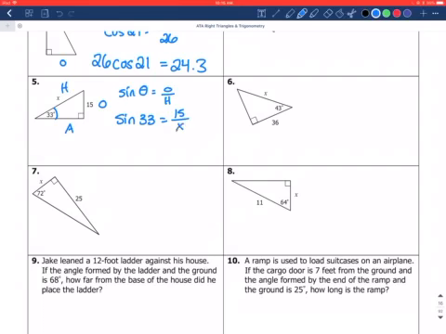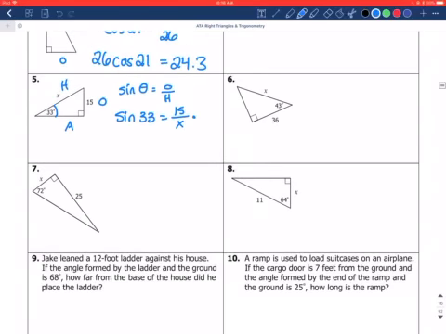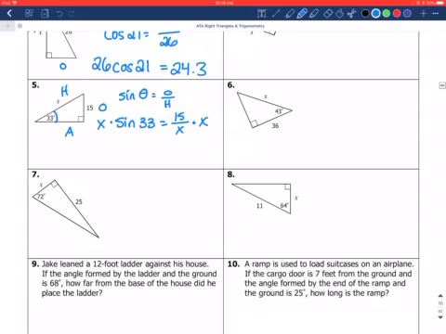Now, here the x is on the denominator. So I'm going to show you the long way, and then I'm going to show you a shortcut, okay? So to get that x to the top, we're going to multiply both sides by x. So that would cancel this out, and that would just leave us with x times sine of 33 equals 15. So I'll write it again just so that you guys can see this.